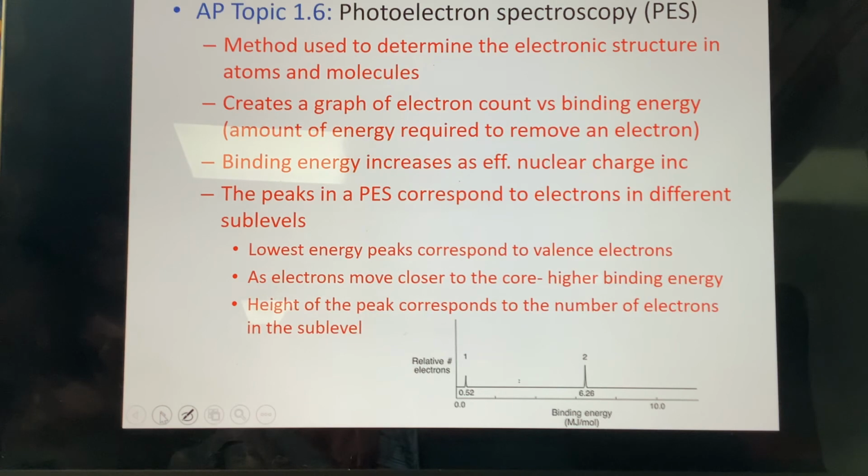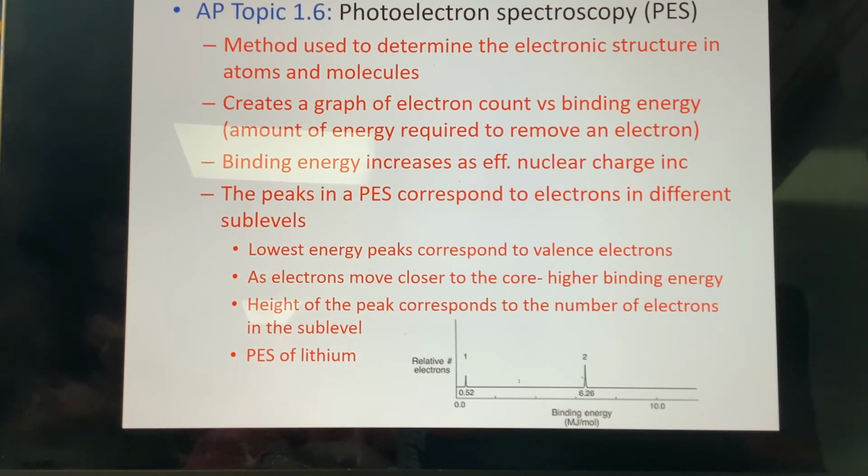So the height, again, of the peak corresponds to the number of electrons in that particular sublevel. And if we look at this, we can figure out what element this is. So we have 2 electrons here. Obviously it's lithium because we only have 3 electrons, but besides just counting the electrons, we can see what their electron notation is.